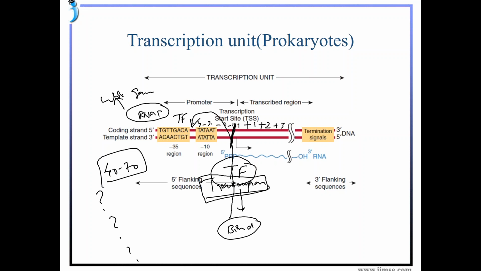Why should we name them? For easy understanding, if we are doing some research study or gene therapy, we should know where exactly we are targeting, so we use these notations.